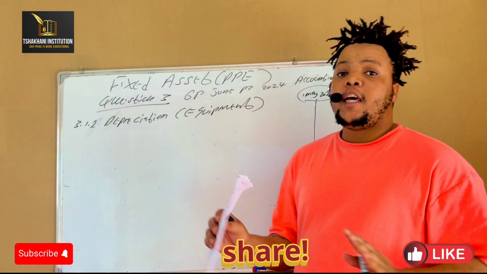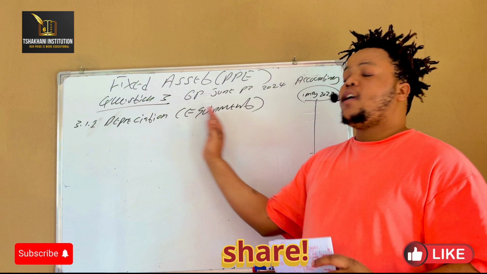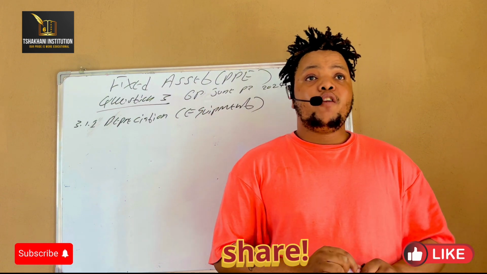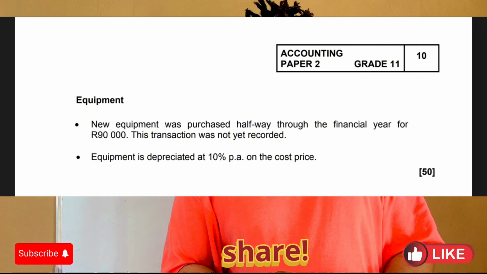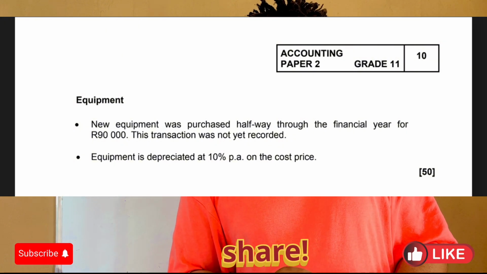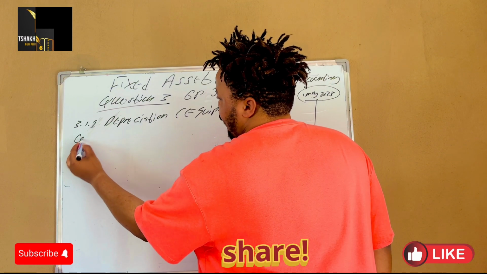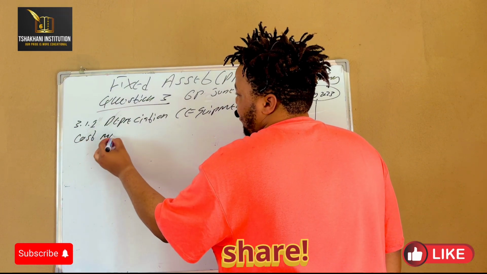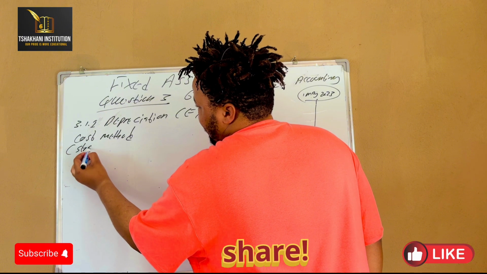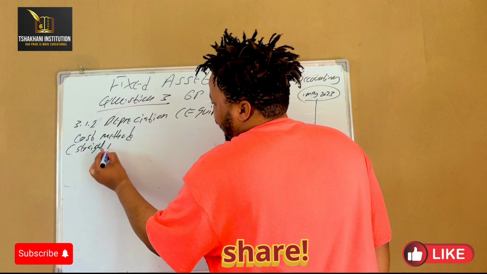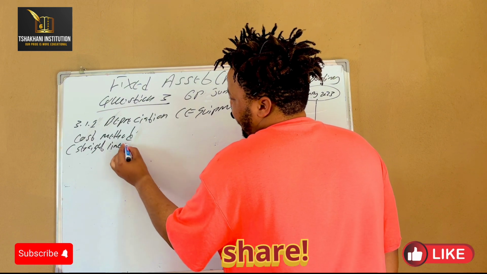We are going to read the information so that we can find which method they are using on the equipment item. The information indicates that equipment is depreciated at 10% on the cost price, meaning they are using the cost price method. The cost method, as I have indicated, is the same as the straight line method.